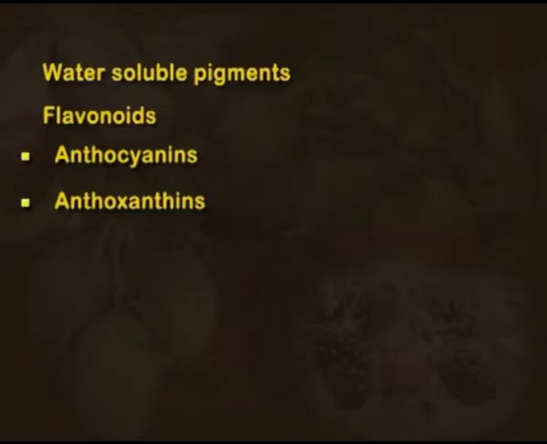Now coming to water soluble pigments, the first we have are what we call the flavonoid pigments, which are classified under anthocyanins and anthoxanthins. Now anthocyanins are water soluble pigments which disperse freely, ranging in color from red to purple.